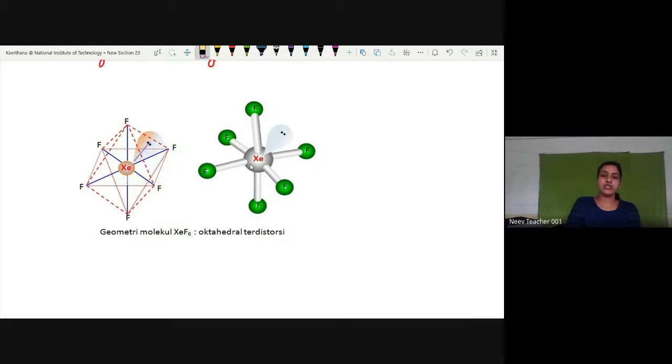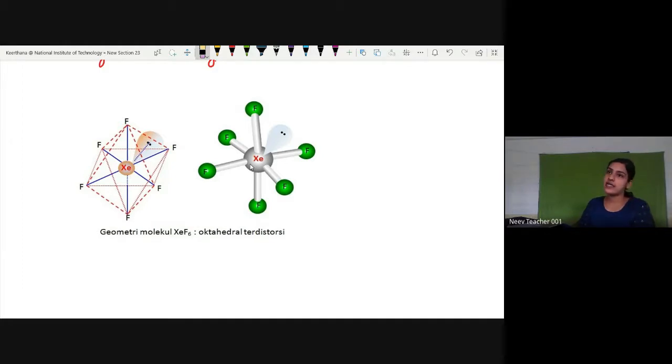You don't need to study pentagonal pyramidal. It is distorted octahedral or capped octahedral, where the six bond pairs are arranged on the six vertices of an octahedron, and the lone pair can be present between any two Xe-F bonds.